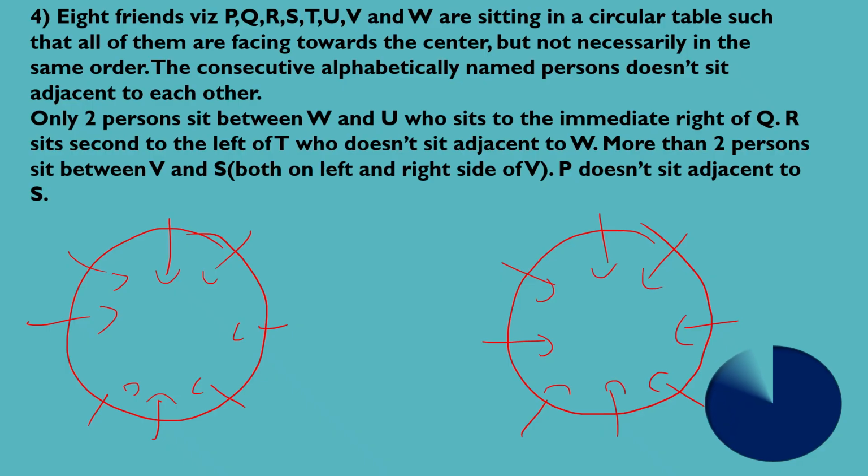The consecutive alphabetically named persons don't sit adjacent to each other. This is a very important condition given to you. Okay. This is possibility 1 and this is your possibility 2.